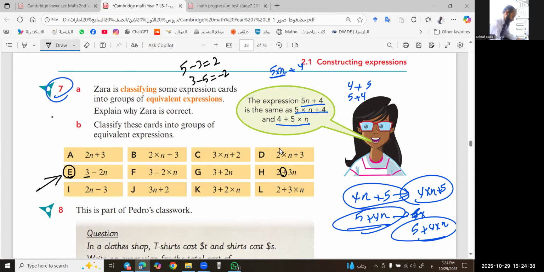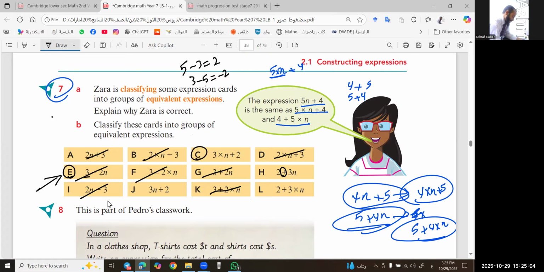F. Yes, equivalent to F. Correct. So we solve this: this is like this and this is like this. Okay, and 2n plus 3 is like 3 plus 2n, and like this.